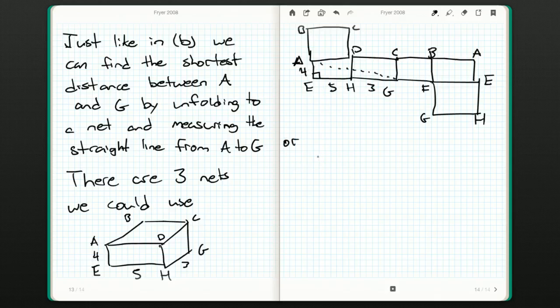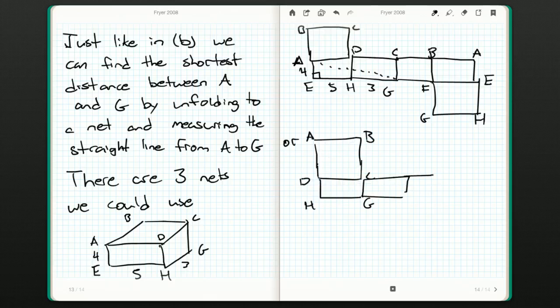Or what's another one we could have? We could have A, D here, and then C, B, H, G. So we'd have that.